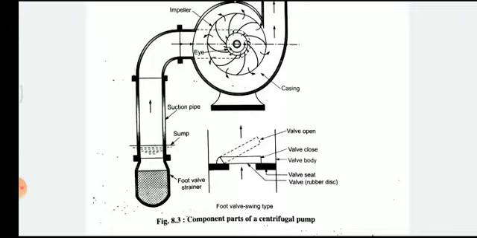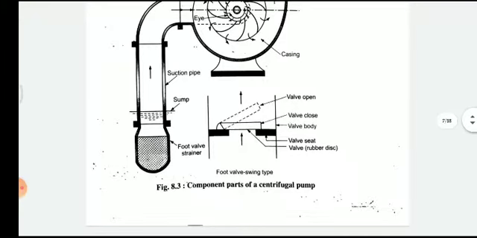The various parts are shown. The dotted line indicates the valve in the open condition, and the solid line represents the valve in the closed condition. The outer vertical line indicates the valve body. The black part is the valve seat, or this one is a rubber disc. Okay, so these are the components.